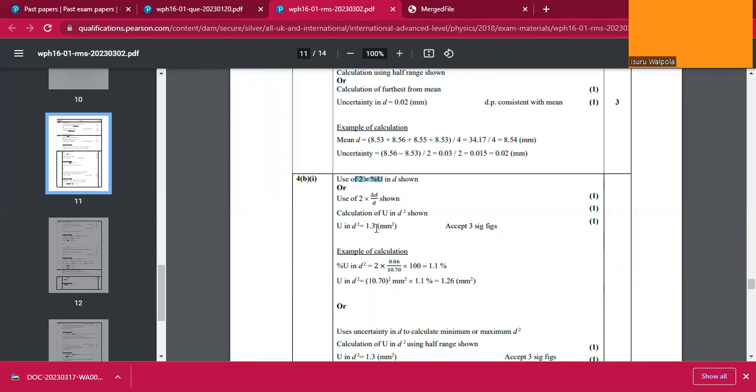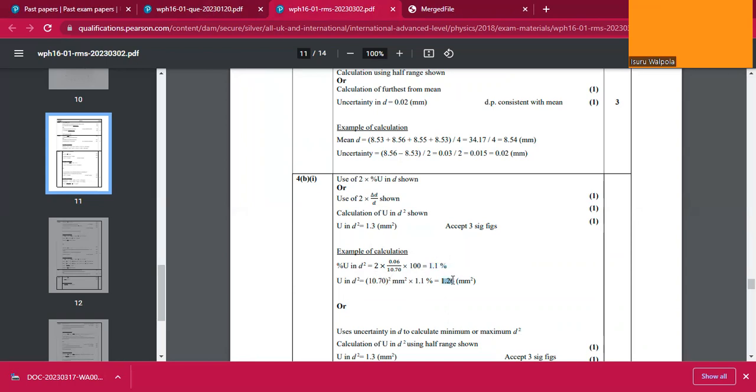You find the percentage uncertainty of D multiplied by 2 because it appears twice, and into 100 because it's a percentage. This doubling is for the fact that D appears twice. And then you turn it back into this 1.1%. You need to turn it back into a numerical value by multiplying it into 10.7.